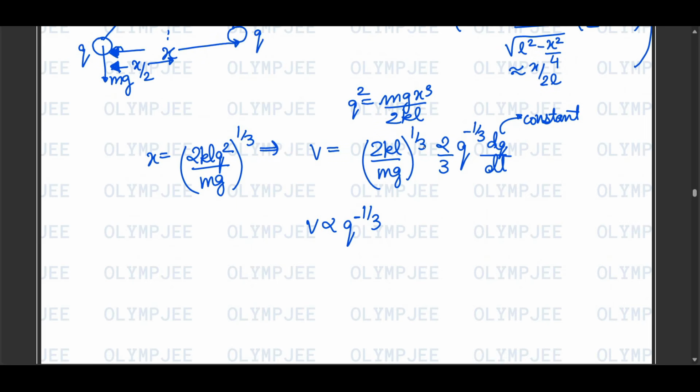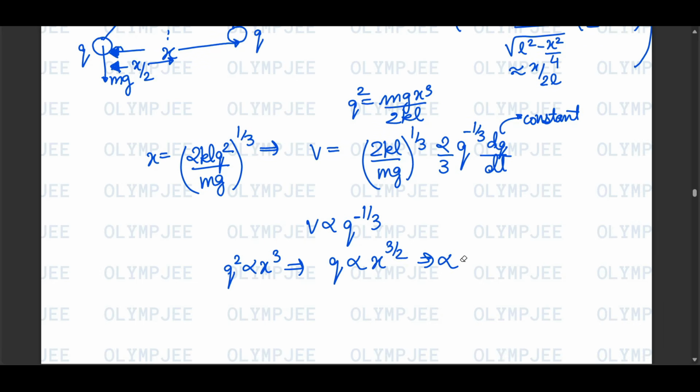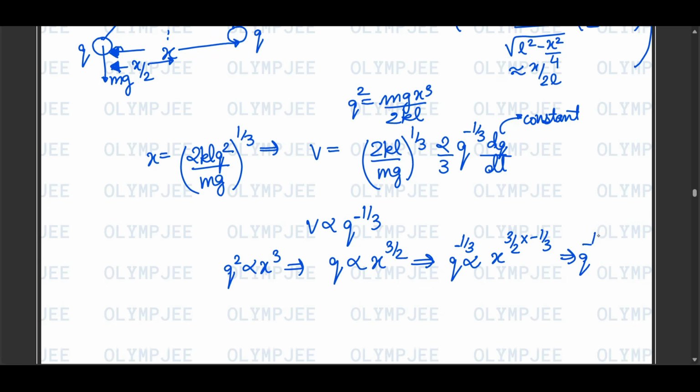So since q squared is proportional to x cubed, this means that q is proportional to x raised to power 3 by 2, which means that q raised to power minus 1 by 3 is proportional to x raised to 3 by 2 multiplied by minus 1 by 3, which implies that q raised to power minus 1 by 3 is proportional to x raised to power minus 1 by 2.